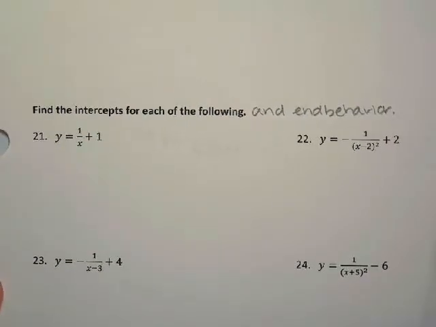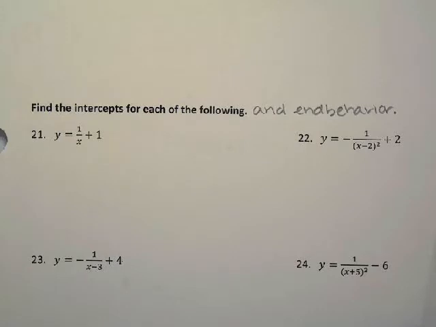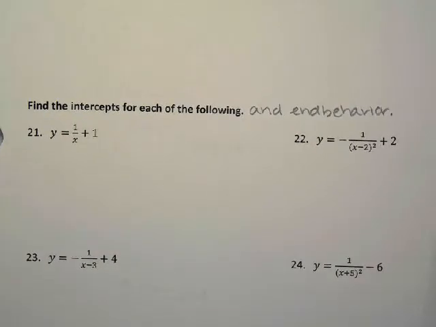Okay, so 21 through 24, find the x and the y intercepts, but also find the end behavior. Okay? Whew. We good? I expect that this assignment should not take you all period. My guess is if you're working, you're probably going to get done with it fairly quickly. When you're done with it, you should work on your cheat sheet.